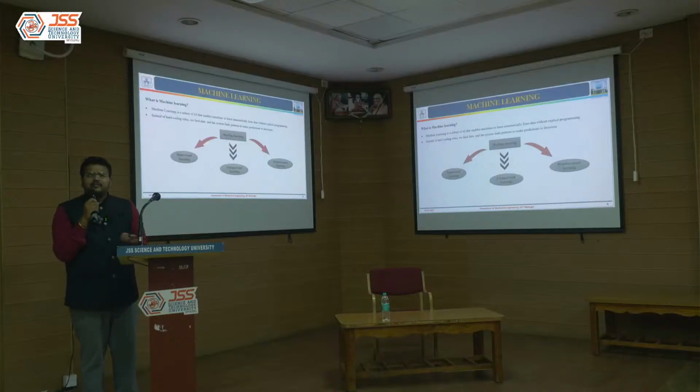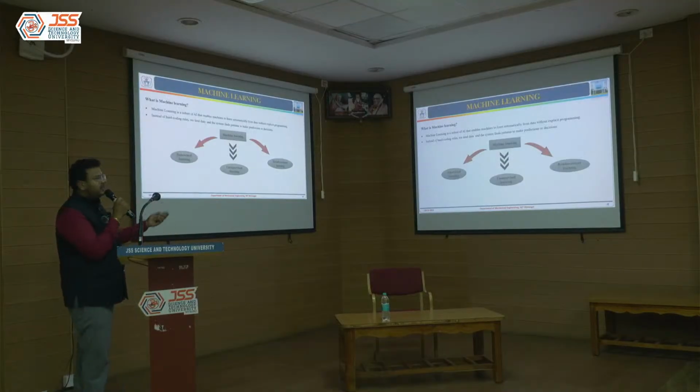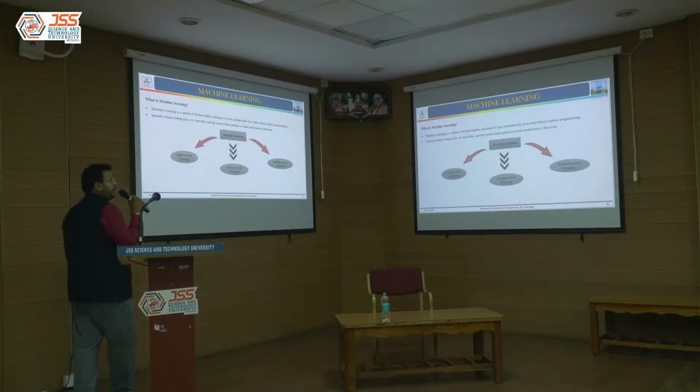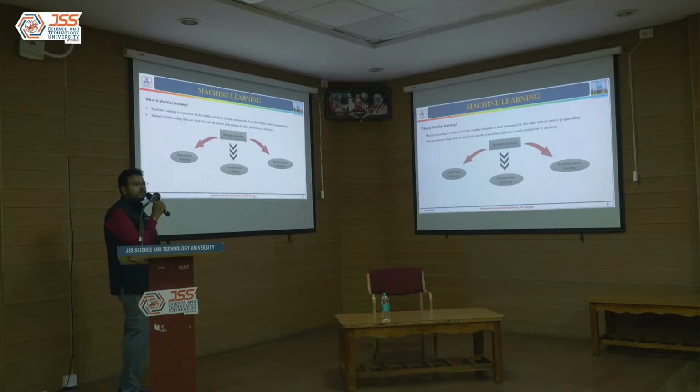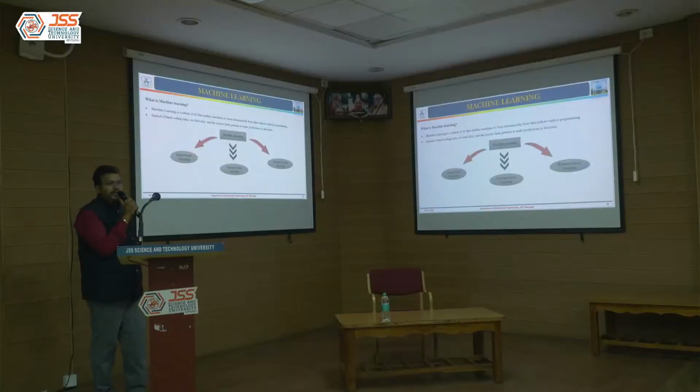What is machine learning? I'm not going into detail about AI, ML, and all, but in applications, we'll discuss more from the research perspective. What is ML? Basic definition. ML is a subset of AI that enables machines to learn automatically from data without explicit programming.